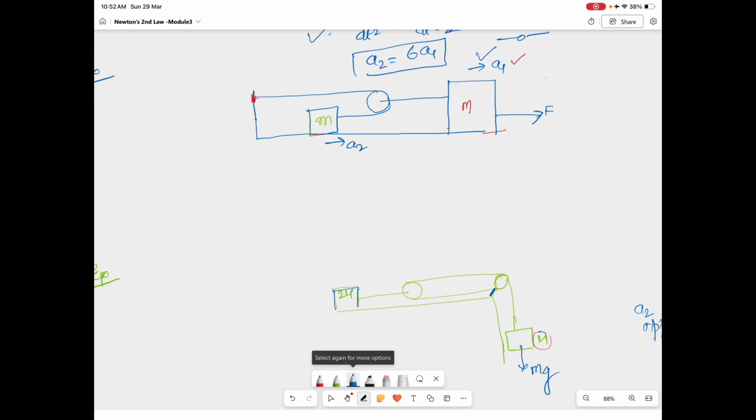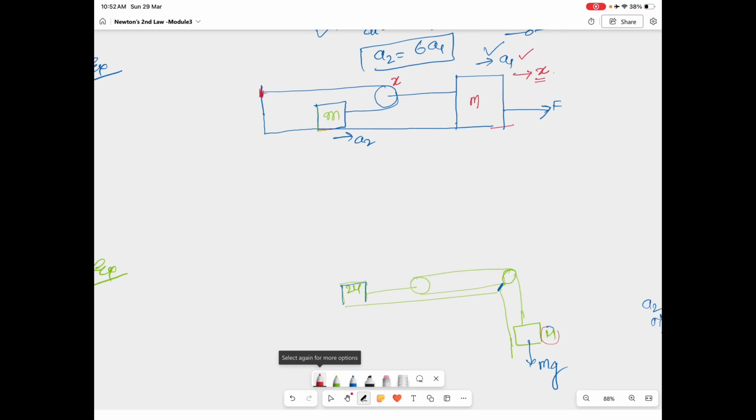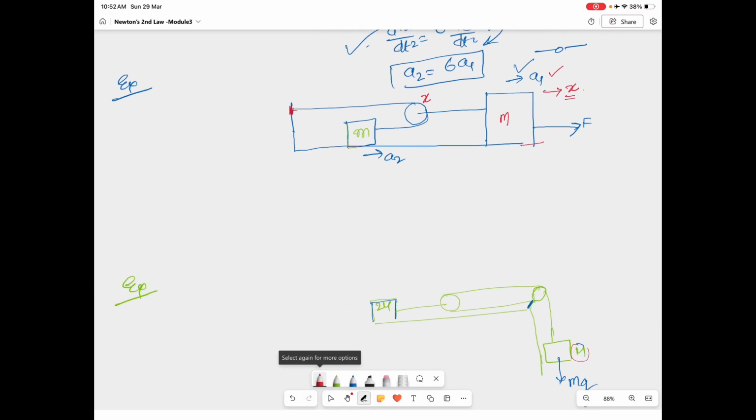So here you can see, if I consider a displacement x here for the mass M because of the force F, this x will give rise to the displacement x of the pulley also, because this pulley is connected to the mass M and it's a moving pulley. So the moving pulley will move by a distance x, and from the concept of the moving pulley, this end is fixed.